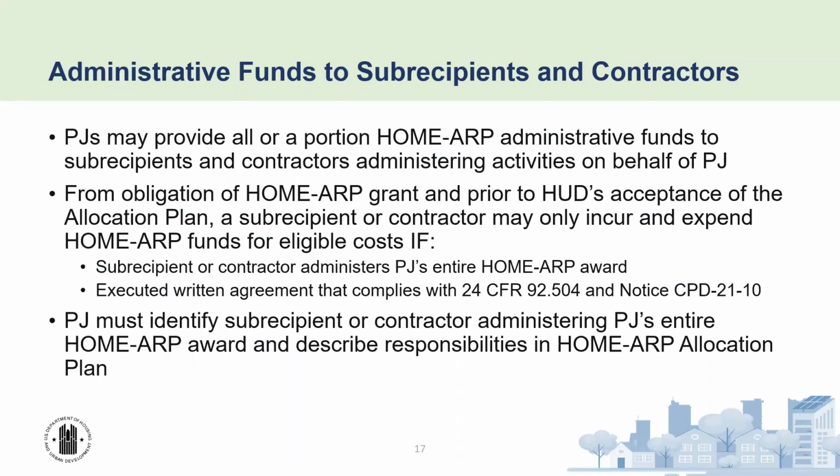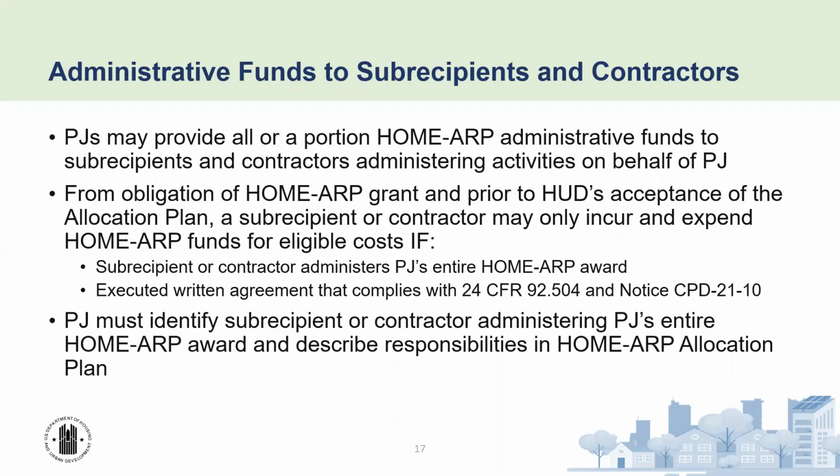PJs may provide all or a portion of its HOME-ARP administrative funds to subrecipients or contractors that are administering activities on behalf of the PJ. These could be organizations such as a CoC entity or another non-federal entity.